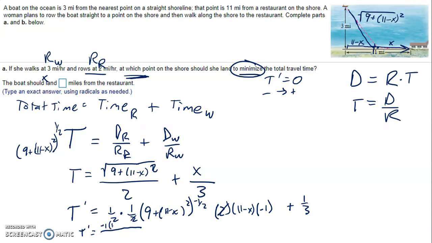So negative 1 times 11 minus x, divided by this square root, which moves down to the bottom, 9 plus 11 minus x squared. And then we've got plus 1/3. We want to know when that's equal to 0. So I'm going to add this term over to the other side. I'm going to switch colors.